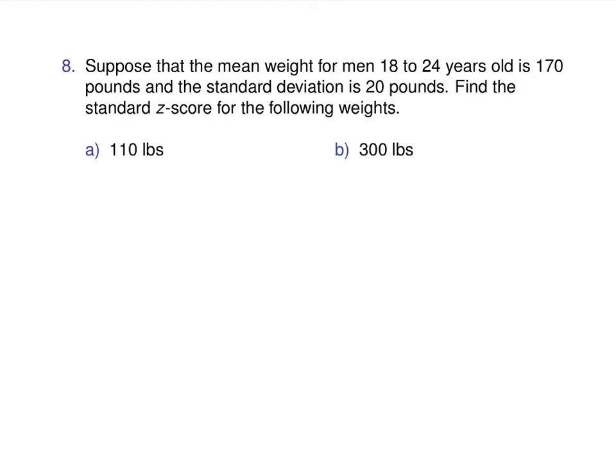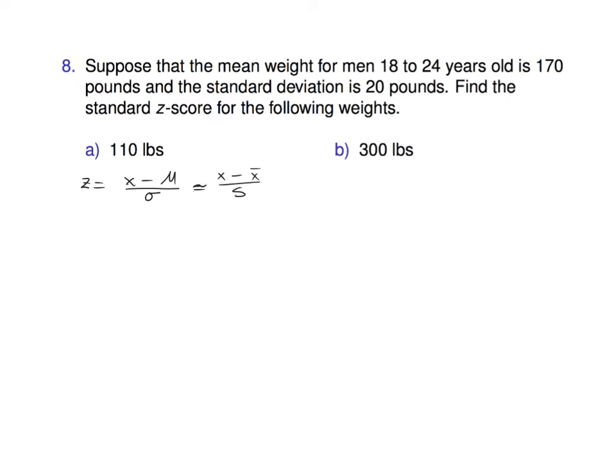And another important skill you have to learn, this is the final one for chapter 2, is how to find standardized scores and interpret a little bit what they mean. So suppose that the mean weight for men 18 to 24 years old is 170 pounds and the standard deviation is 20. Find the standardized z-score for the following weights. So the formula for z-score is your x value minus your mean over your standard deviation, which if you use the symbols for sample data, it's x minus x bar over s.